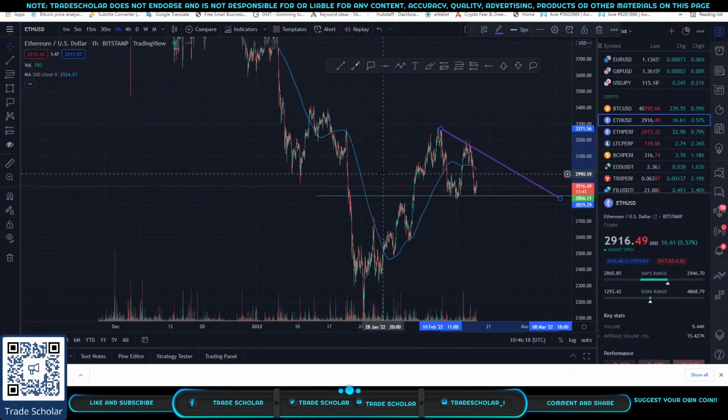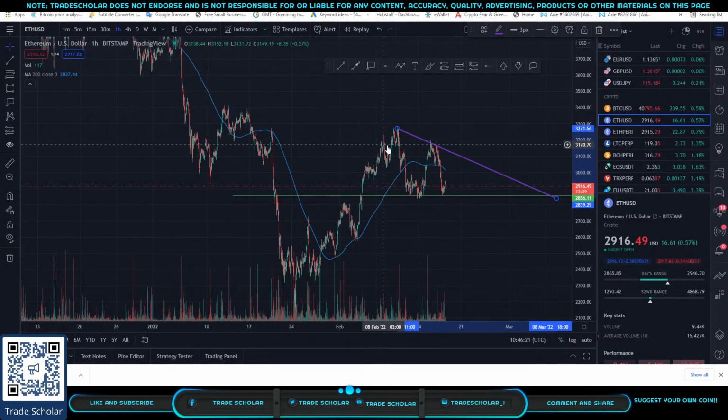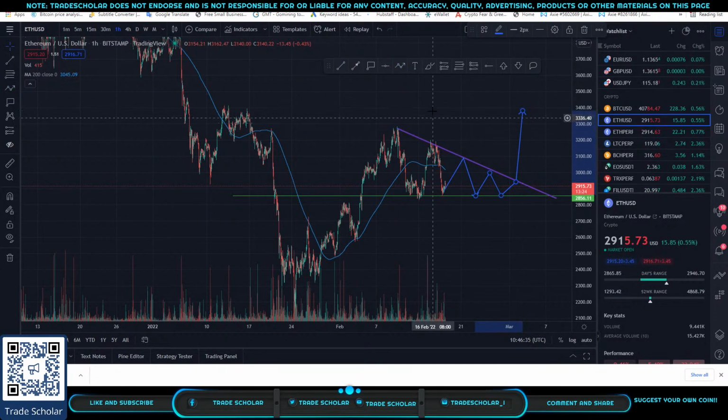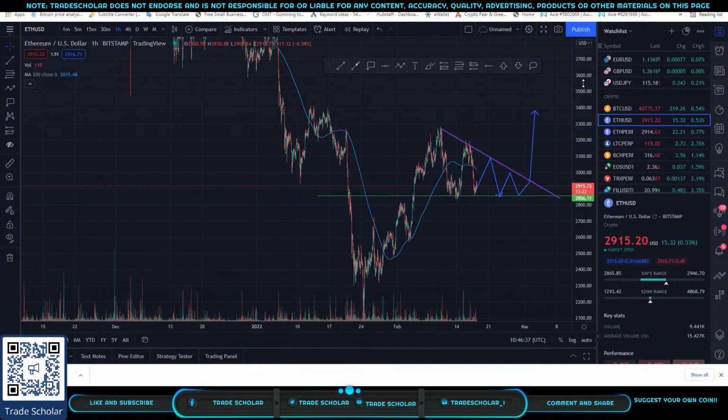So we might find this one, a descending triangle, then breaks to the upside. That's a possibility also.